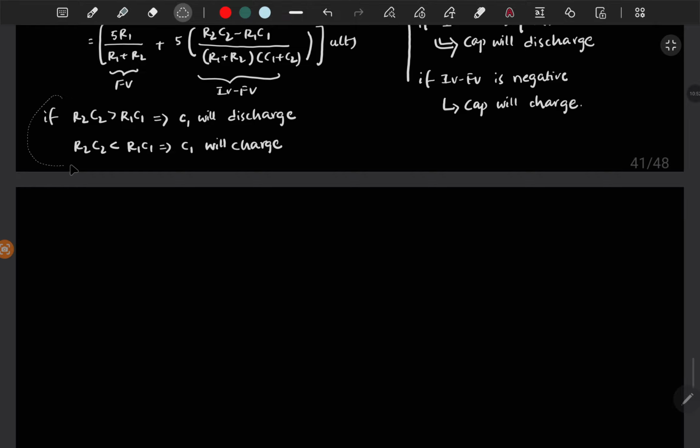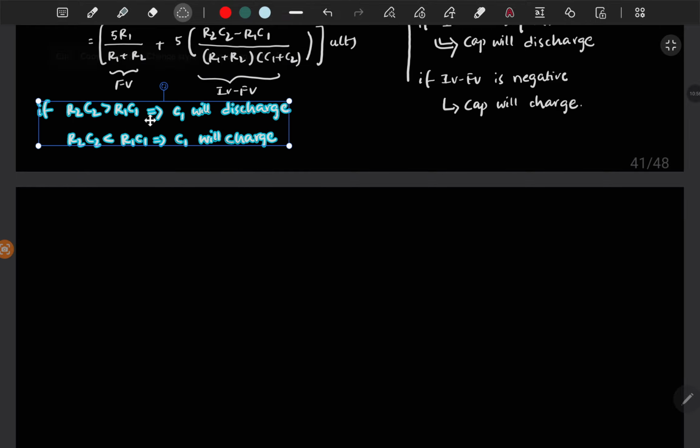And suppose if R1C1 is equal to R2C2, then this term will be 0. So you will get 5R1 by R1 plus R2 times u of t. So it is just a step function. There is no charging and discharging. It will go to some voltage and stay there.